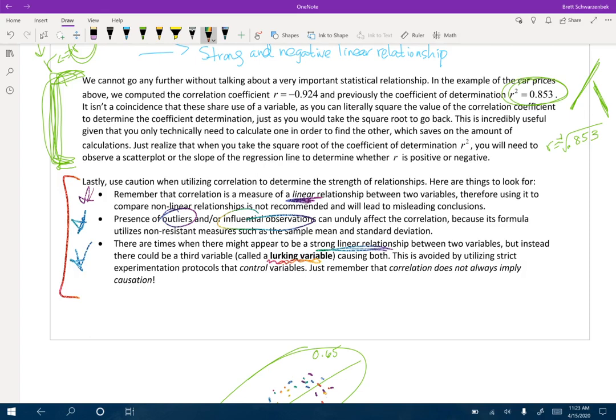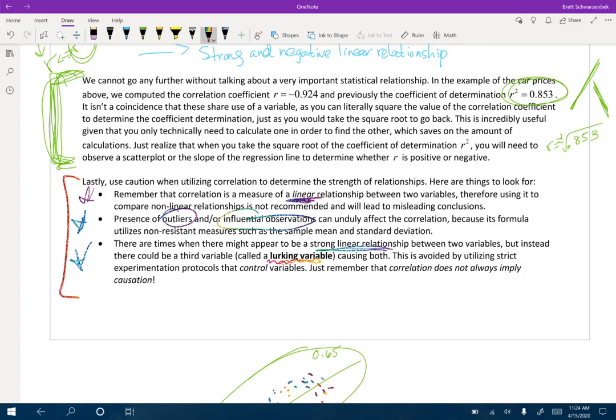There's a lot of times where you'll be looking at two variables and you'll say, for instance, age of a car and its price. So we know that there's a strong correlation between the age of a car and the price. This is sort of proven over time. So we would say essentially that one causes the other to change.